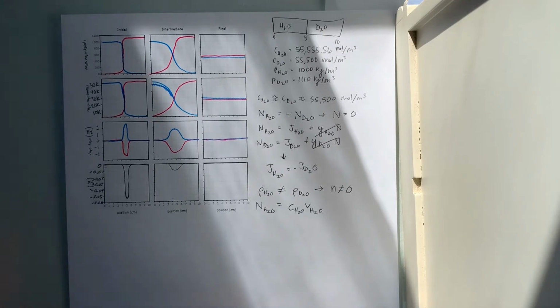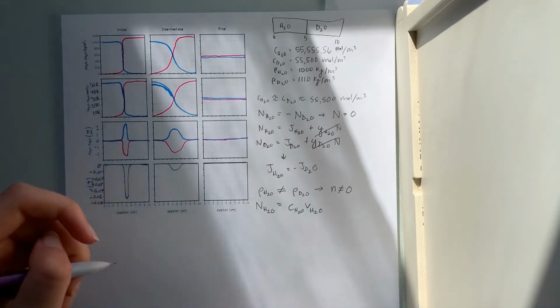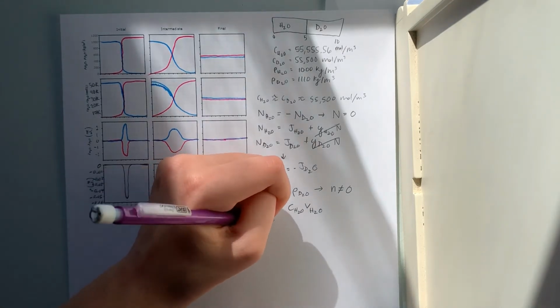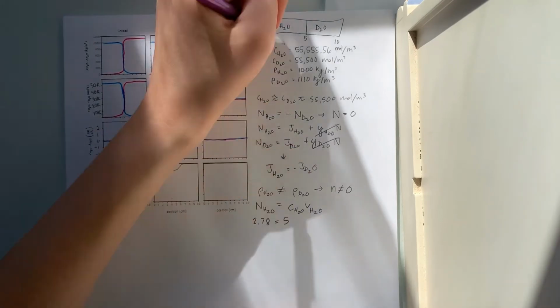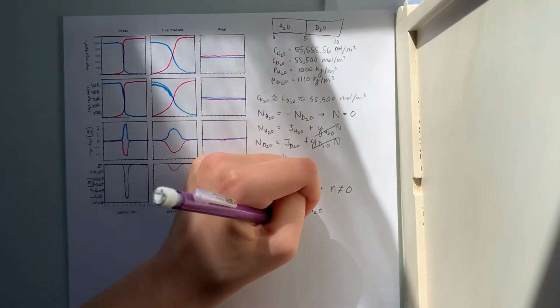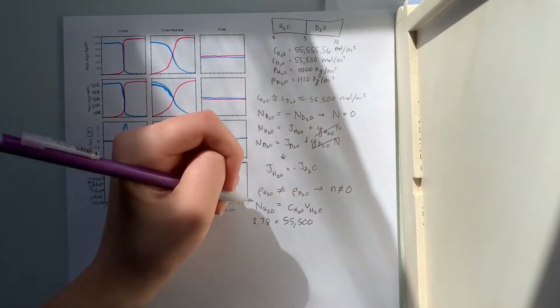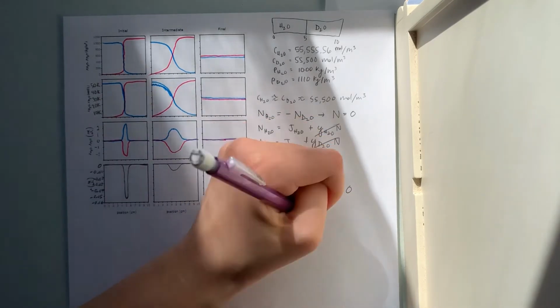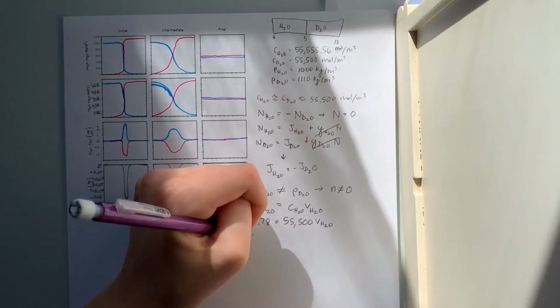At the point where there is maximum molar diffusive flux of 2.78, the concentration of water will be this molar concentration, about 55.5 thousand moles per cubic meter, times the velocity of water.